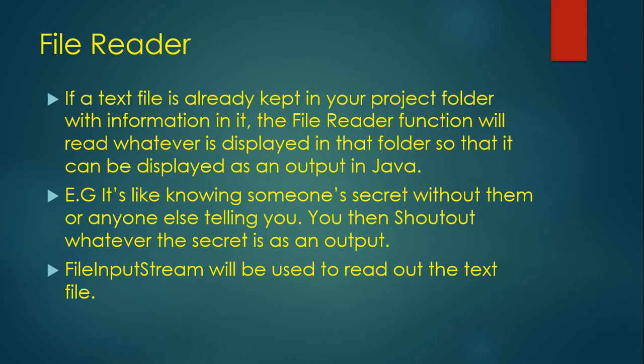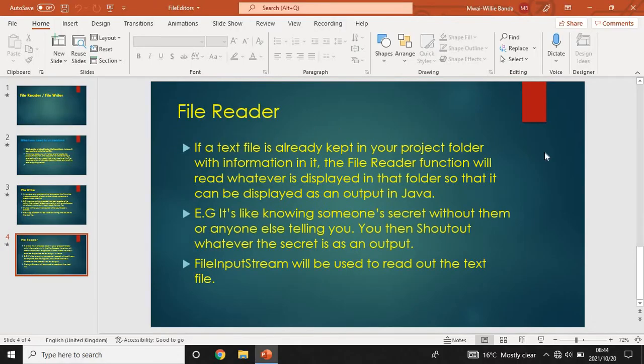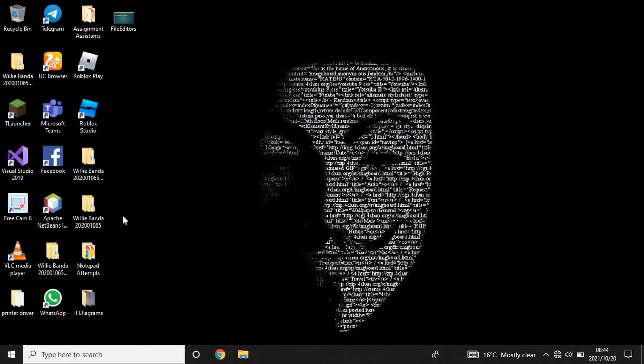It's like knowing someone's secret without them or anyone else telling you. You then shout out whatever the secret is as an output. So file input stream will be used to read out the text file. And we are done. So now let's go to our NetBeans, our framework.